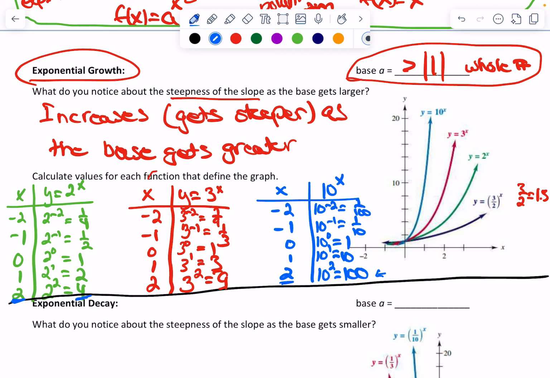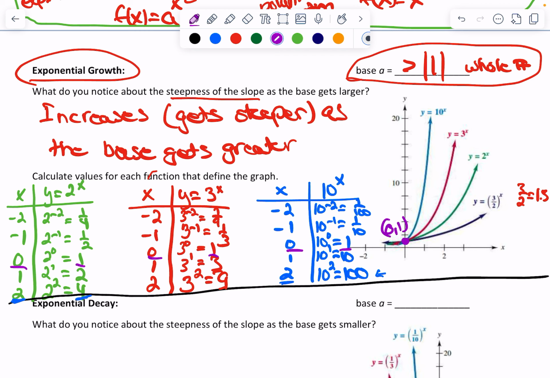So if we start plotting these points now, notice something. They all have the 0, 1 point right here. So they all cross the y-axis at that point. That's your 0, 1.